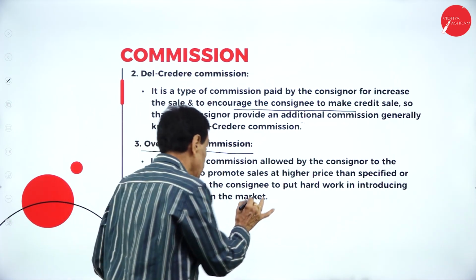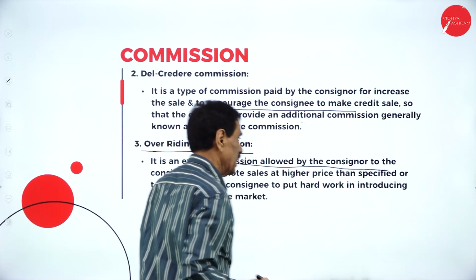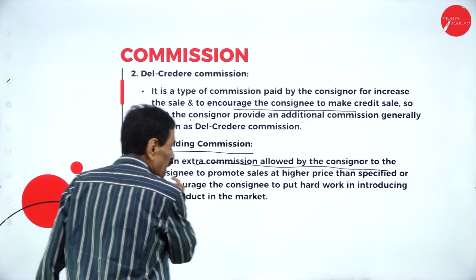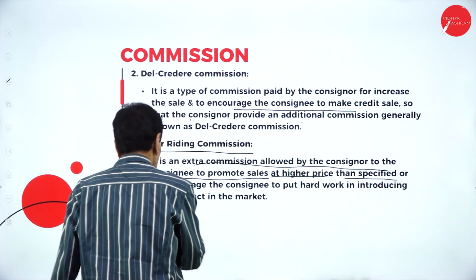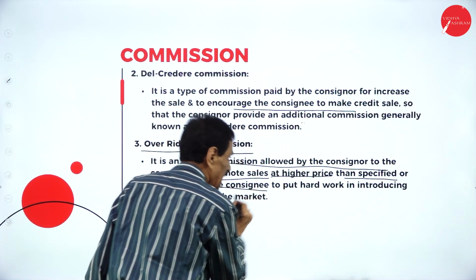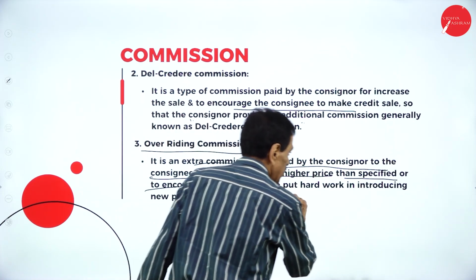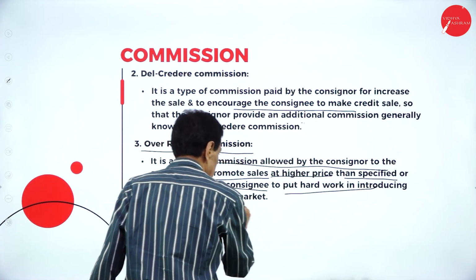It is an extra commission allowed by the consignor to the consignee to promote the sale at a higher price than the specified one, or to encourage the consignee to work hard introducing new products in the market.